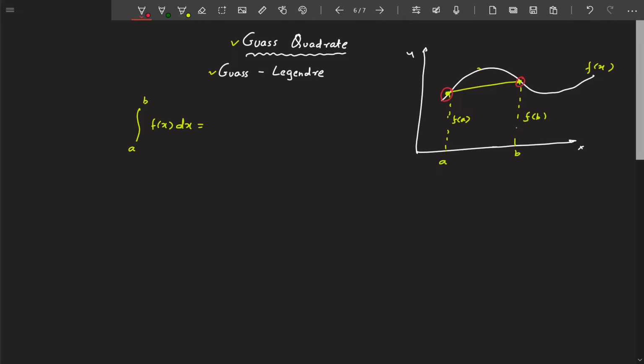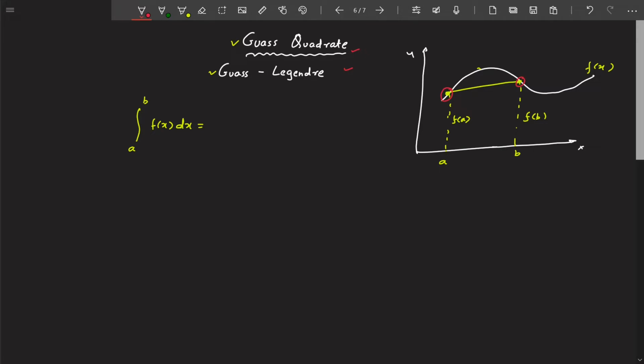Then I think a lot of good things can be achieved. So in Gauss Quadrature, we have the freedom of placing these points wherever we want, such that the value of the integral we get is the same as that of the analytical method.